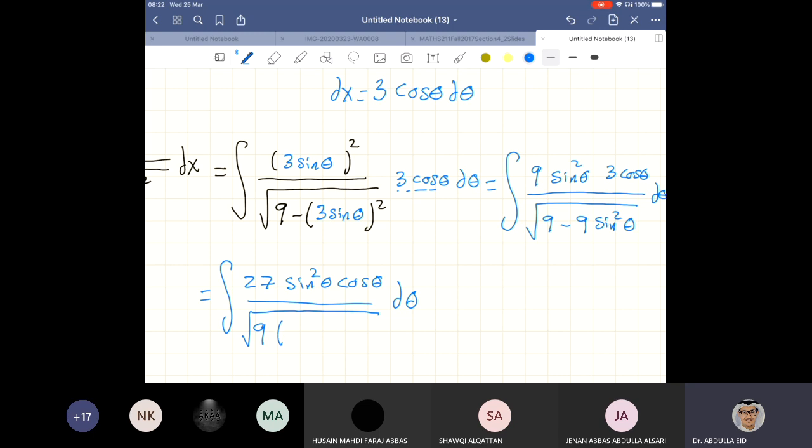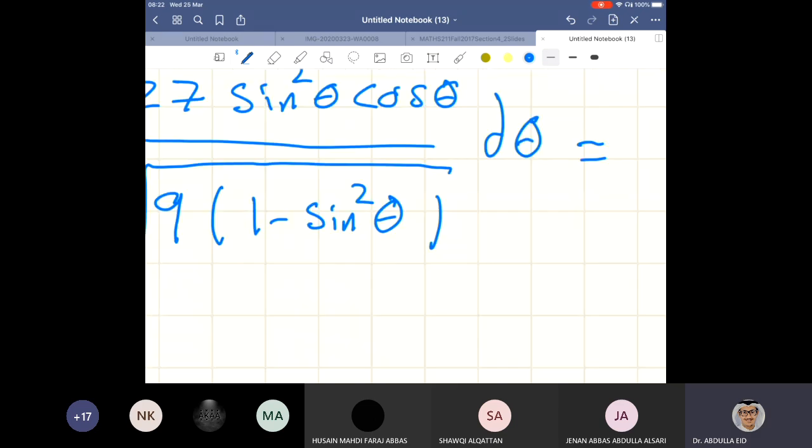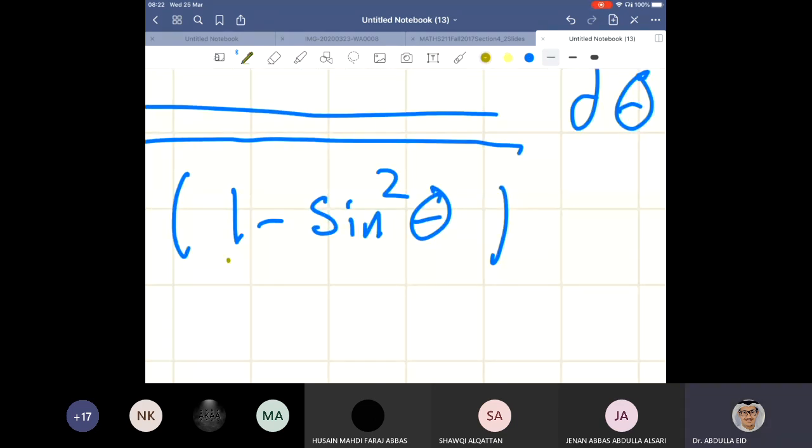What do we get? We get 1 minus sine squared theta. If you remember, can you remind me what is 1 minus sine squared theta?